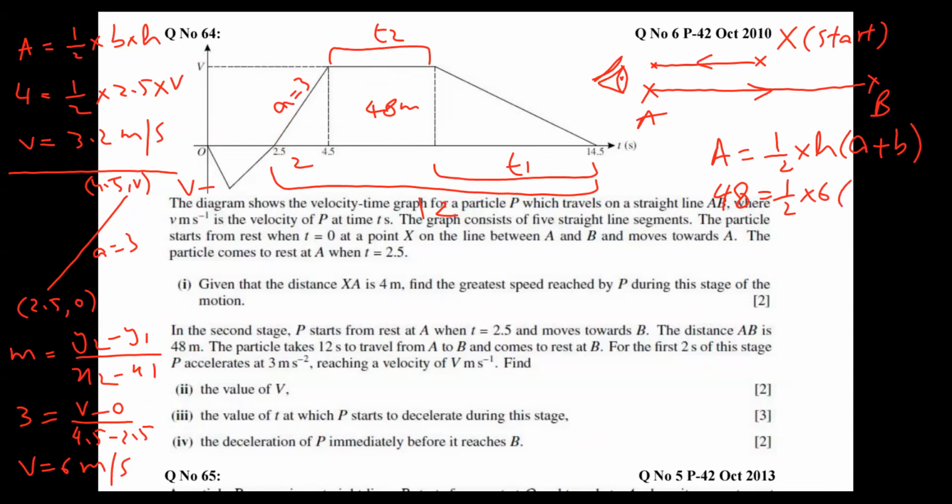And a is t2, this gap is a, and b comes from here till here, which is 12 for sure. We know it.